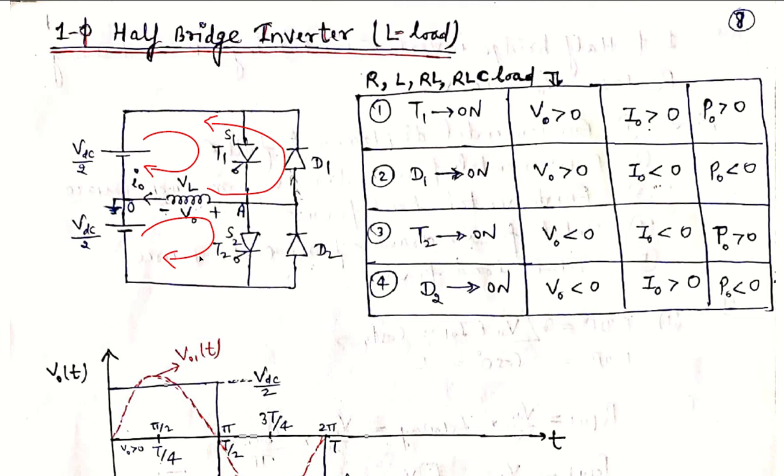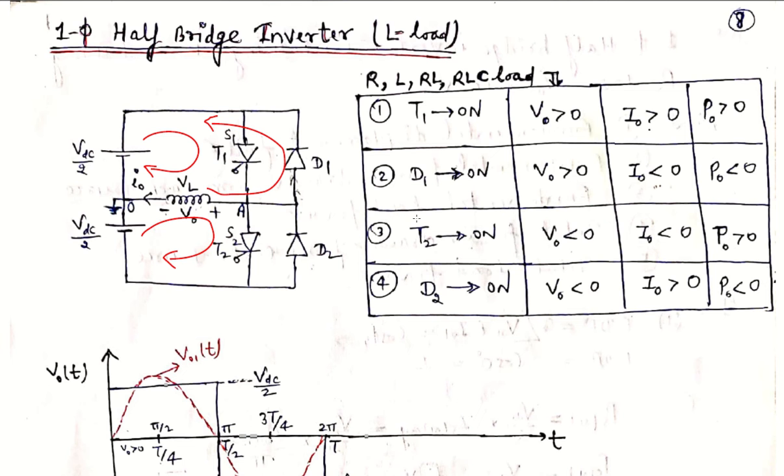Now if the gating pulses are applied for thyristor T2, then current will be flowing opposite to the reference current, and at the same time the voltage should be negative, because negative is now connected to positive, and the plus polarity at point A is connected to the negative of the supply voltage. So when thyristor T2 is on, the voltage should be negative and the current should also be negative, because it is opposite to the reference polarity we assumed from A to O. So in this case, with thyristor T2, power should also be greater than 0.